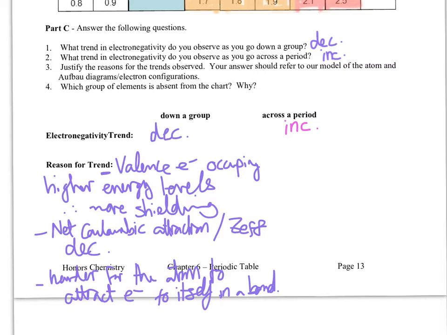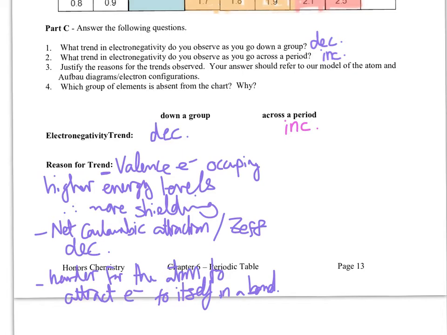At the same time, we have more electrons, and so we do get more repulsion. So what happens to the net? Well, as you go across, your additional electrons are in the same energy level, and so there's not much extra shielding, there's not much extra repulsion. So what is more important is that you have more protons pulling in those electrons.